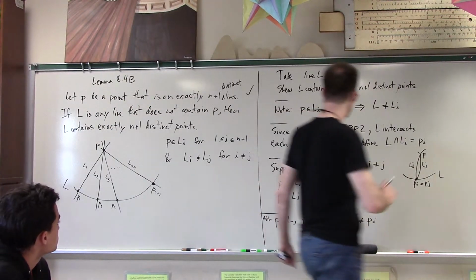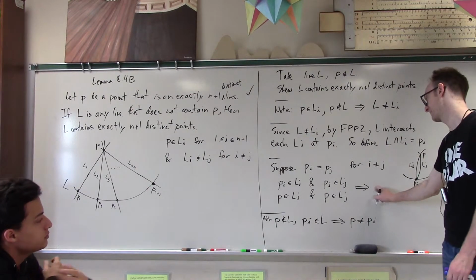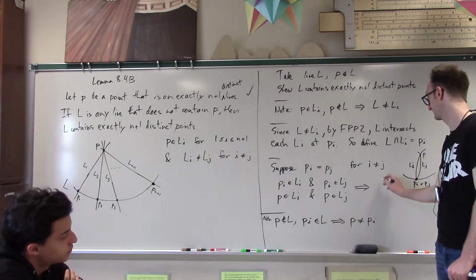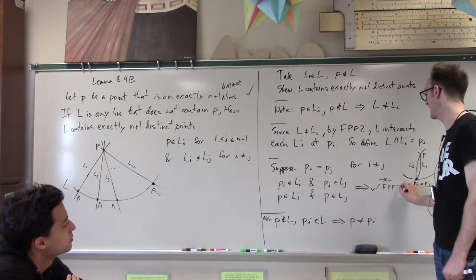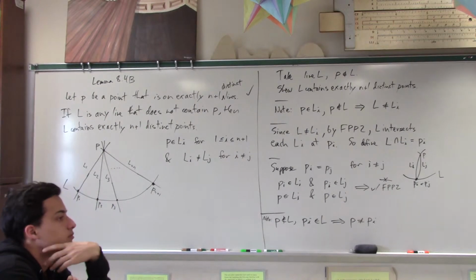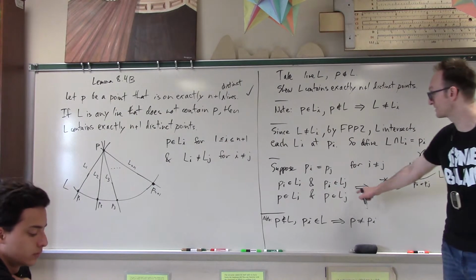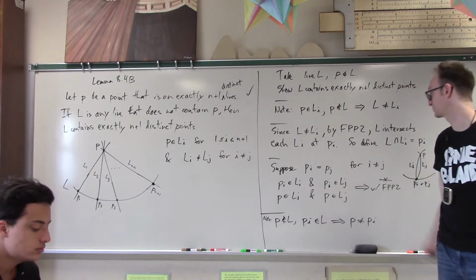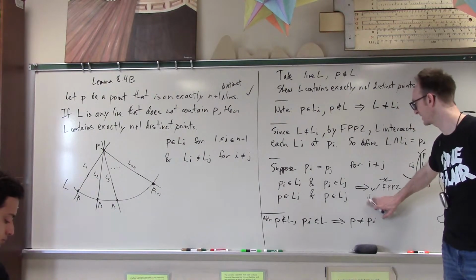Since that is the case, I claim we have a contradiction with FPP2, because FPP2 says that two lines intersect at a single point, but here we have two distinct lines intersecting at two distinct points.